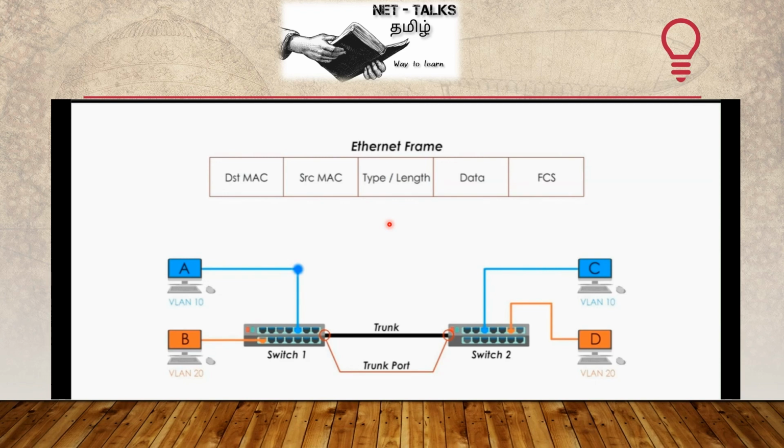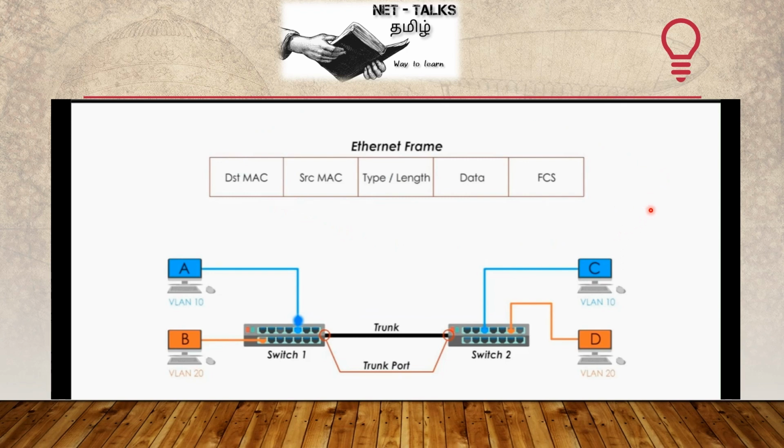By default, VLAN 10 will be sending broadcast messages to the particular VLANs. It will have destination MAC, source MAC, then type or length, data, FCS. Those are the fields contained in the Ethernet frame.